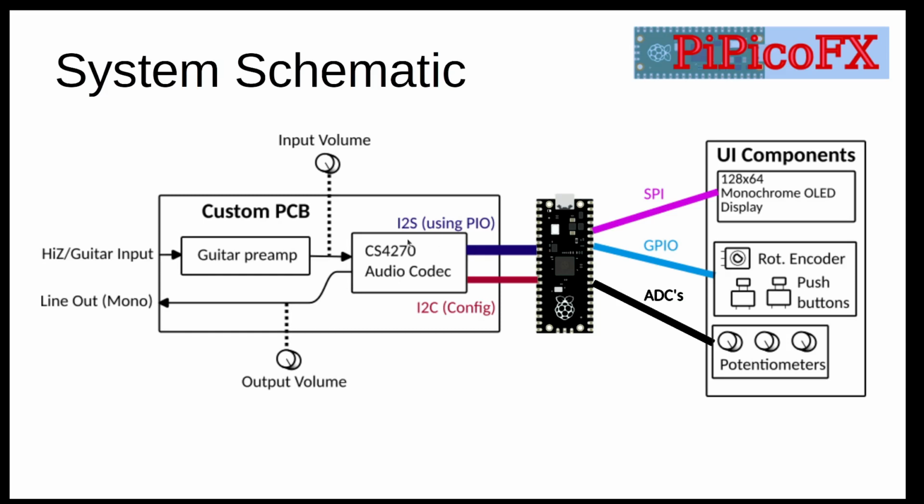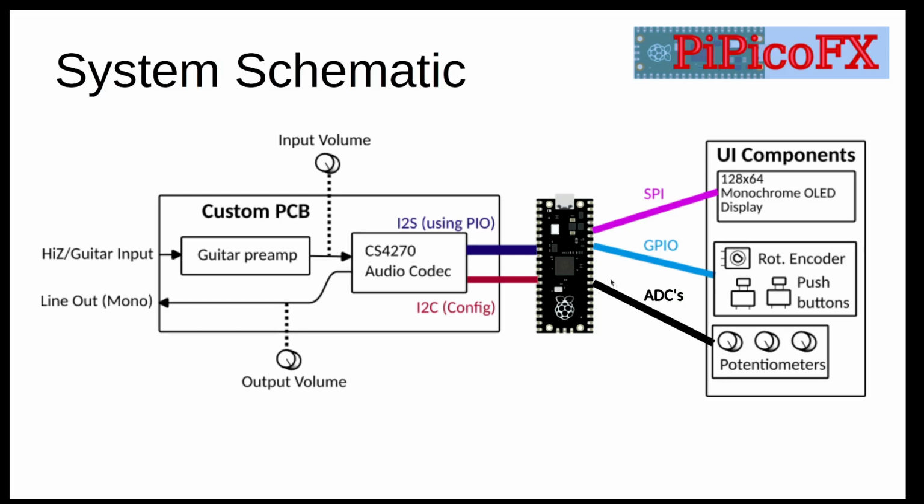There's an I2S implemented using, I think it's called, the programmable input-output system, which is basically a PIO assembly version of an I2S bus. And then for configuration, there's I2C, which makes the link between the audio codec and the microprocessor board.